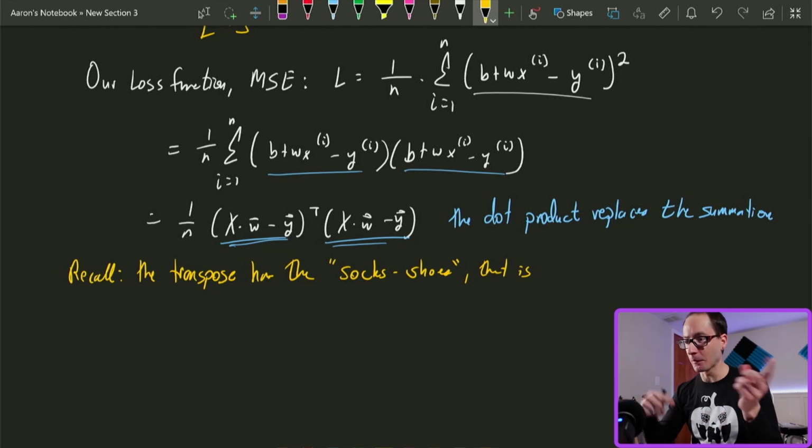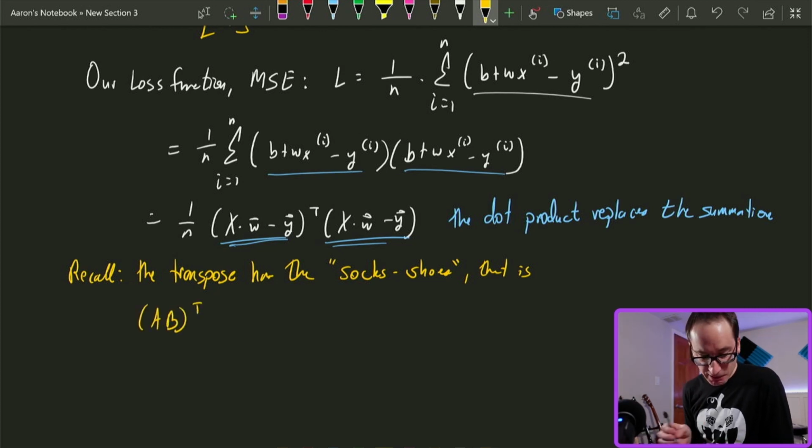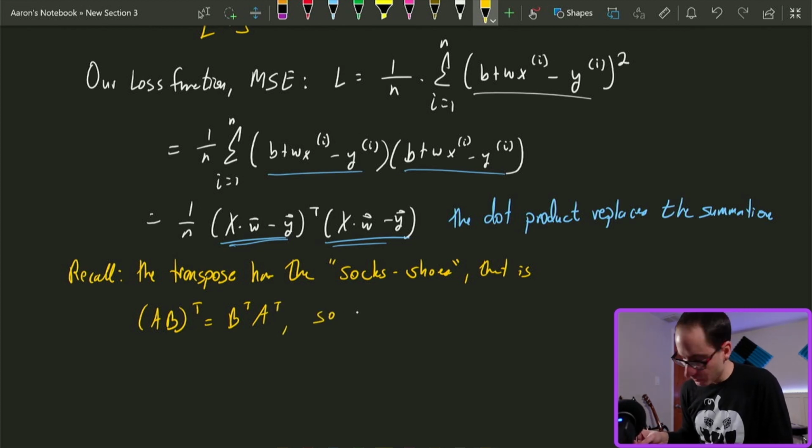So if you want to go in the reverse direction, you have to reverse the order, right? What I mean here is, if I have the product AB transpose, if I want to distribute that in, I reverse the order. I go B transpose, then A transpose, right? So that's the sock shoes property. In terms of looking at the transpose we have here, where we have (x dot w minus y) transpose, right?